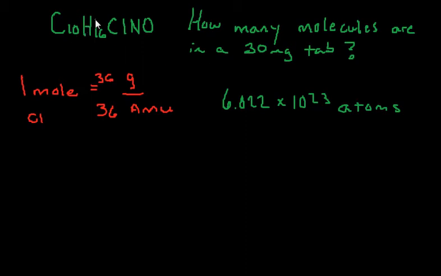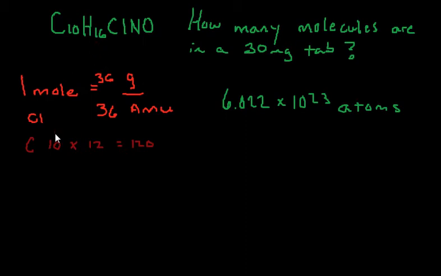Well, the first thing we need to know is the molecular weight of pseudoephedrine hydrochloride. And the way we do that is we go through each atom, look at the atomic mass, and multiply it by the number of atoms we have. So let's go through and do this. Carbon: we have 10 atoms with an atomic mass of 12, so that gives us 120.